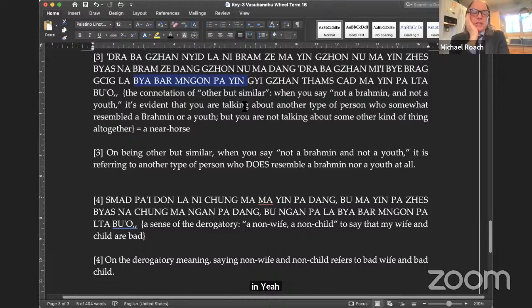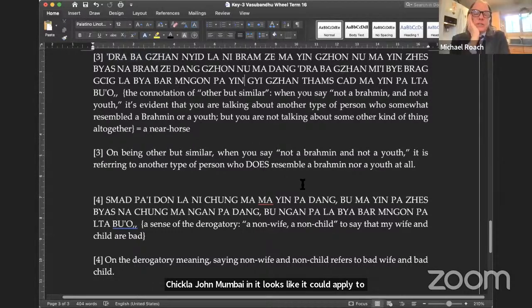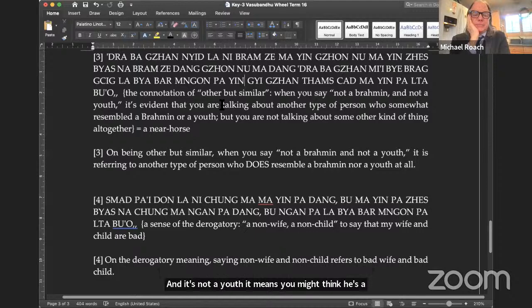It looks like it could apply to him as a salesman. You see what I mean? When they say he's not a Brahmin and he's not a youth, it means you might think he's a Brahmin and you might think he's a youth because lumba means he looks like that, but he's not. Actually, he's somebody else.